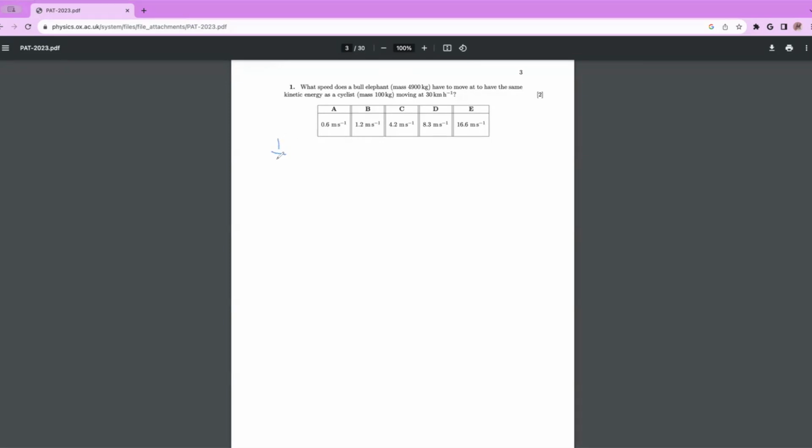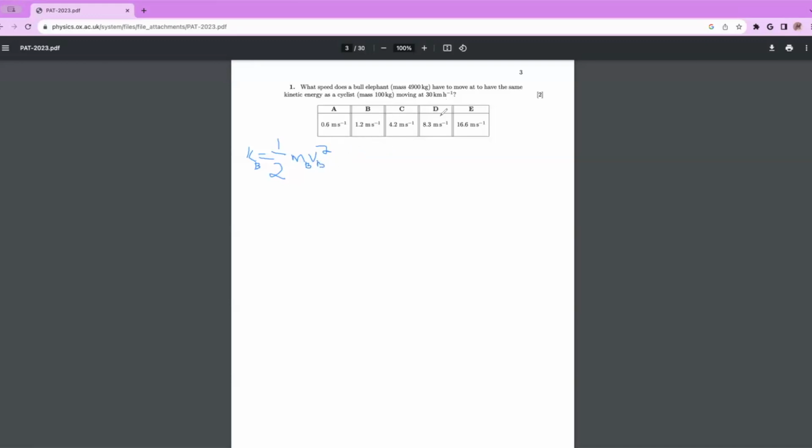So we can start this off by defining kinetic energy, which is 1/2 mv squared. And for that fact, we should probably say that the kinetic energy of the bull, the mass of the bull, the velocity of the bull.